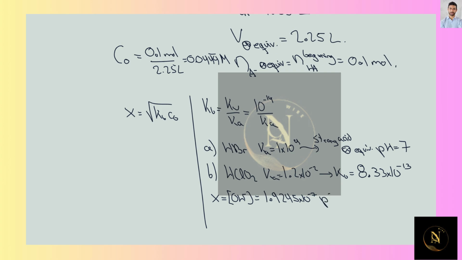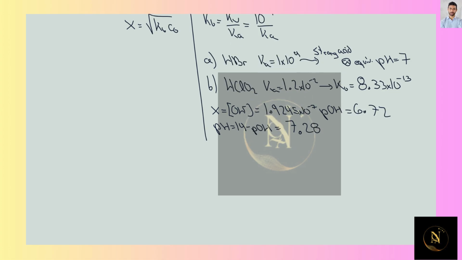This corresponds to a pOH of 6.7, and the pH, which is 14 minus pOH, is going to be 7.28. Sorry, the pOH is 6.72, so the pH is 7.28, just to keep the quantities with the correct rounding.